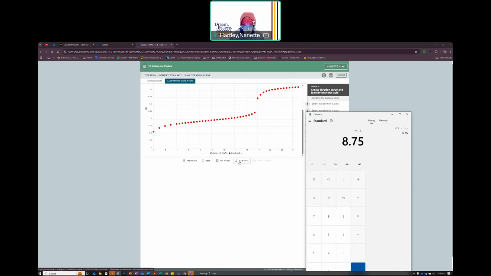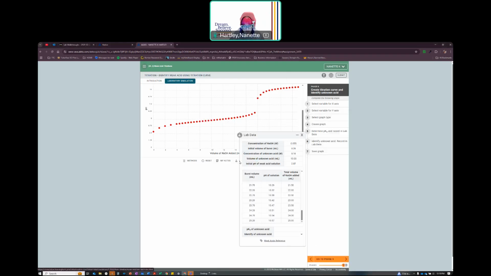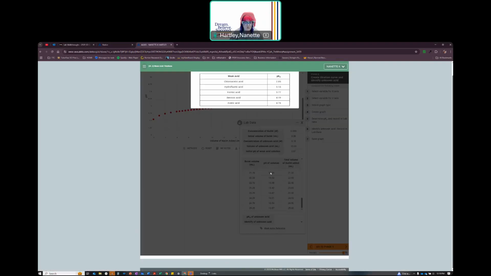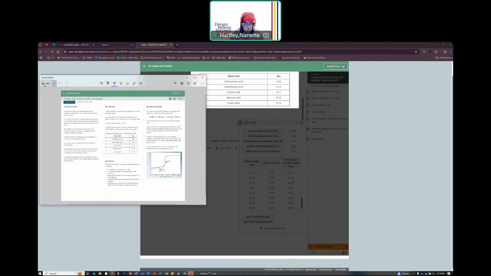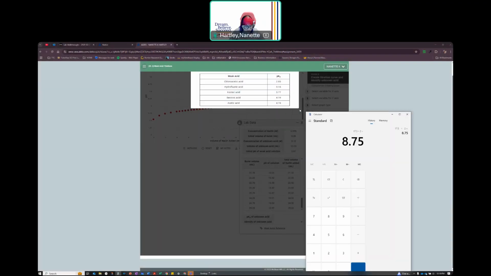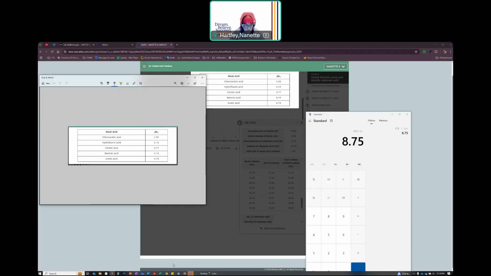And so I need to look at the lab data, and I want to look at the weak acids reference. So this is what I need to look at to be able to determine that. I go ahead and do this, get a screenshot of this, copy this and put it over here.